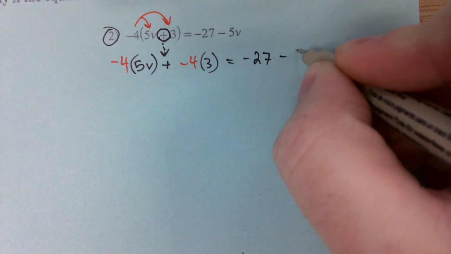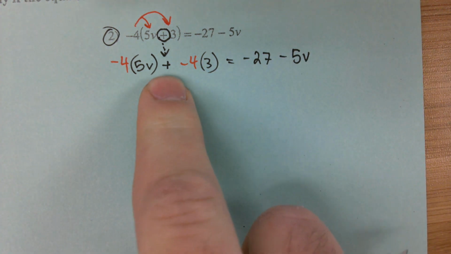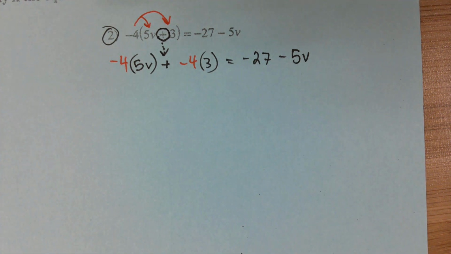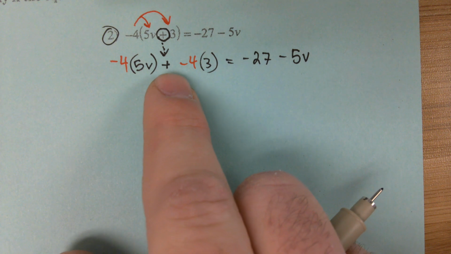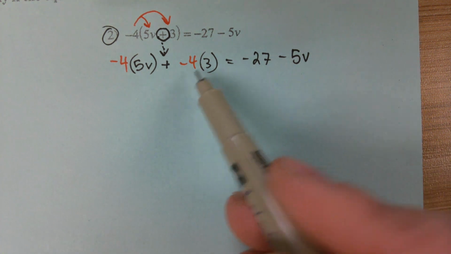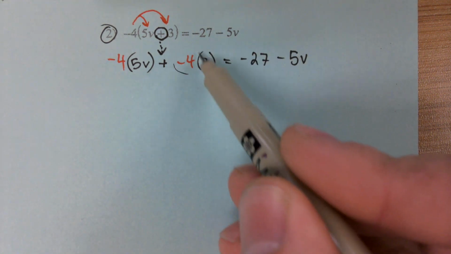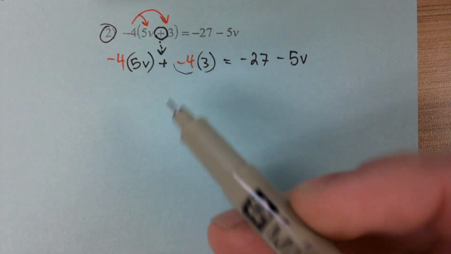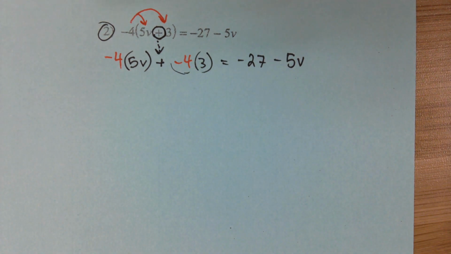This takes a conscious effort, okay, to understand what we're doing here, which makes it even trickier when we're looking at it on a test, okay? So make sure you separate the negative number you're distributing versus the sign that's actually in between those two terms.